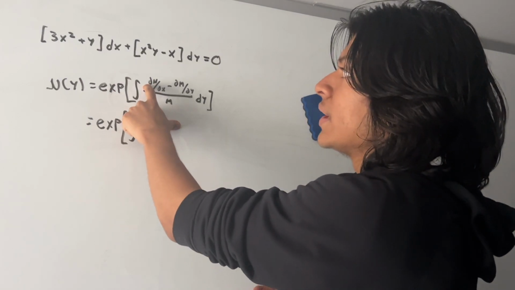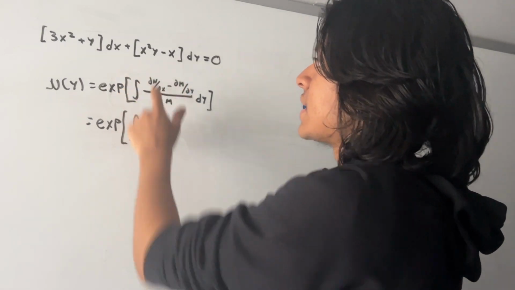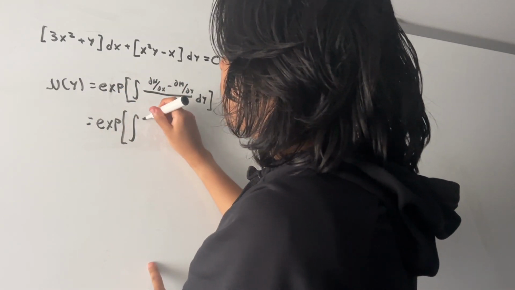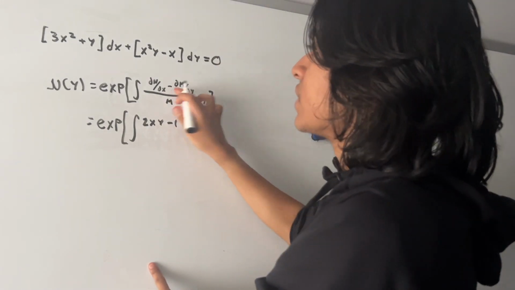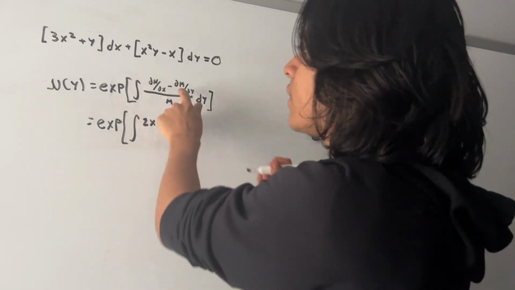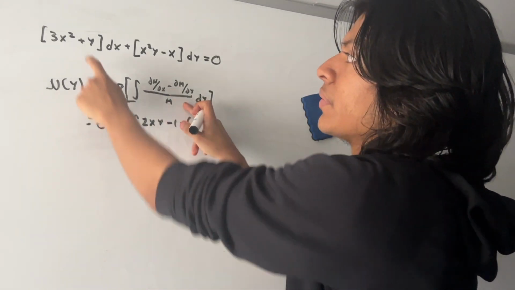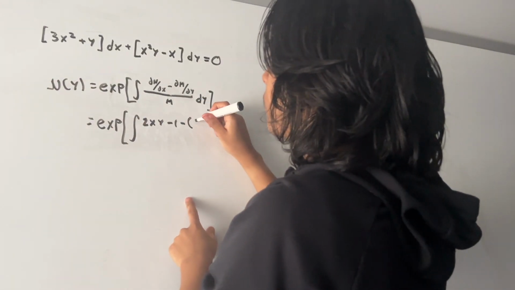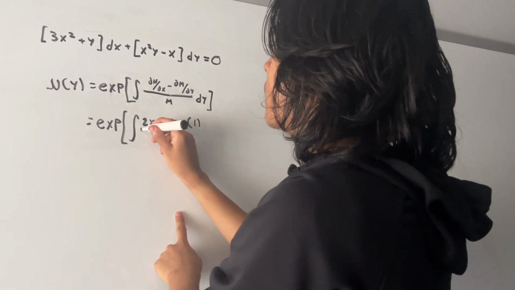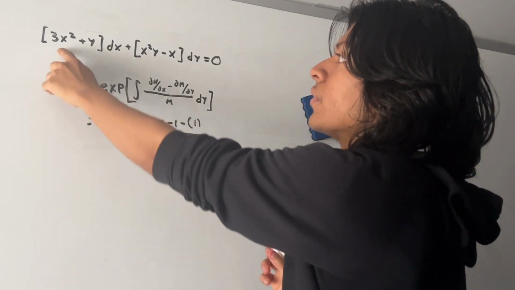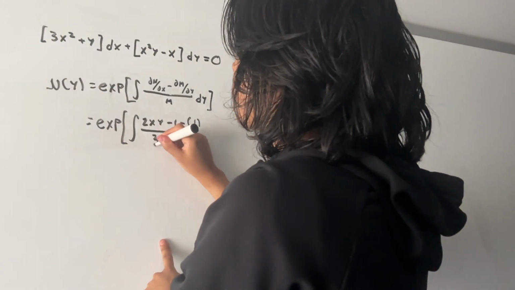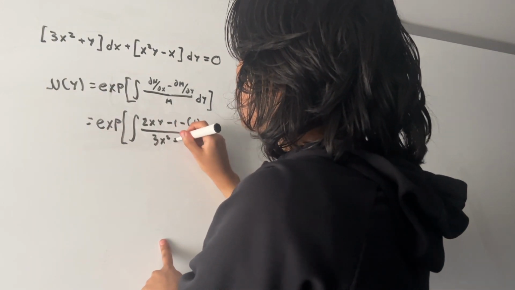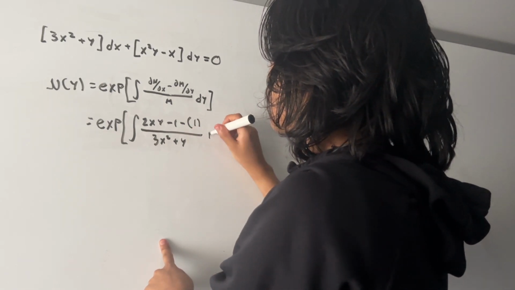This first part right here, when we take the derivative with respect to x here, we get 2xy minus 1. We also have this minus sign right here. And if we take the derivative with respect to y over here, we just get a 1. And this is going to be all over our M function, which is 3x squared plus y, then we have our dy.